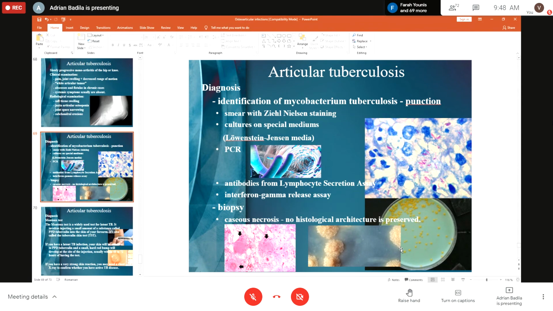In this case, no histological architecture is preserved, and the caseous necrosis, as the one that you can see in the image indicated by the arrows, is specific for tuberculosis. If the pathologist can identify this caseous necrosis, you can be sure that there is a tuberculosis infection in the area.